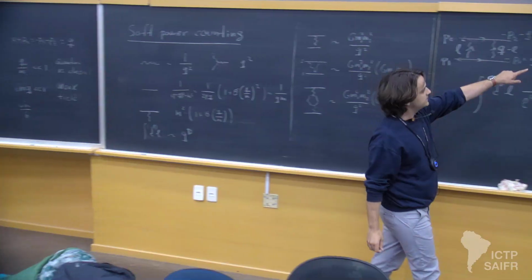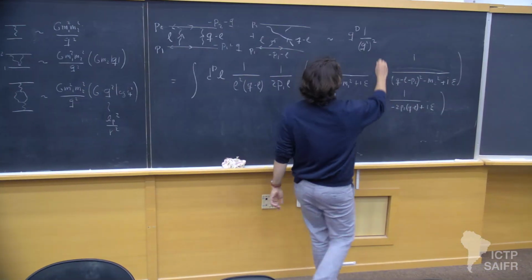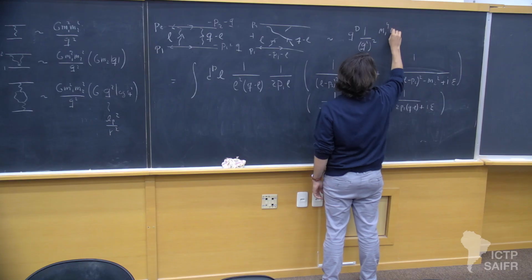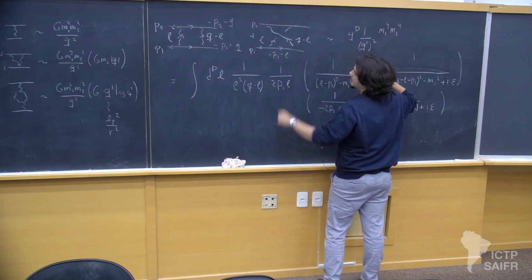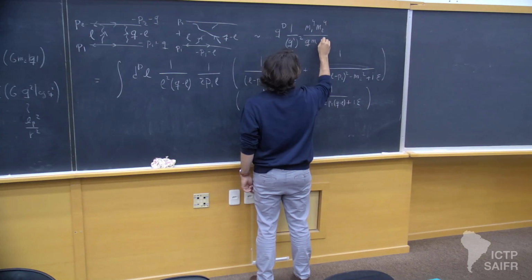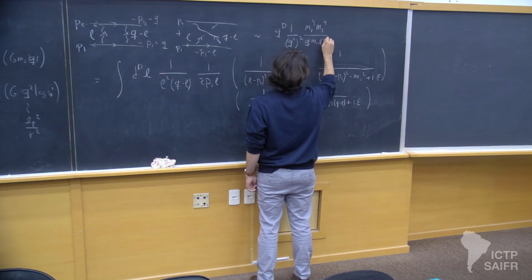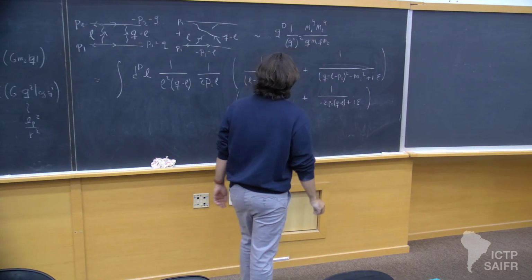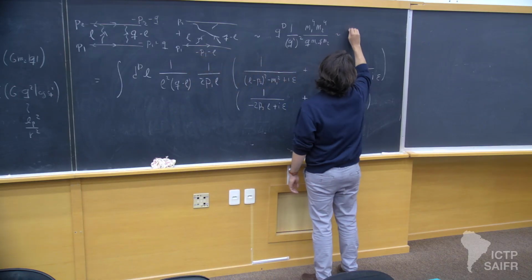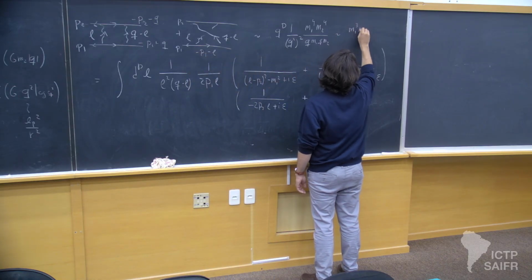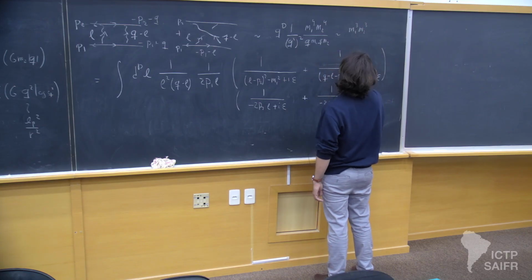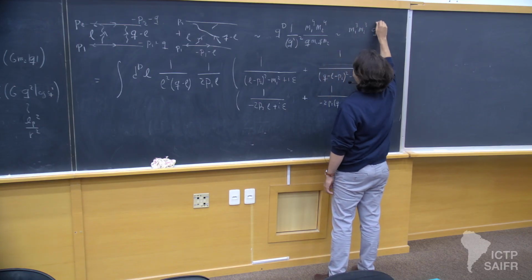I have these vertices here, so I'm going to have M1 to the 4th, M2 to the 4th, and 2 matter propagators, which are going to give me 1 over Q M1 and 1 over Q M2. So this goes like M1 cubed, M2 cubed, and then I have Q to the D.